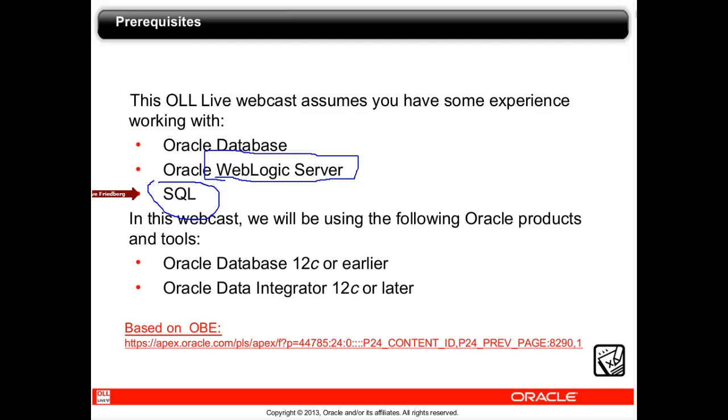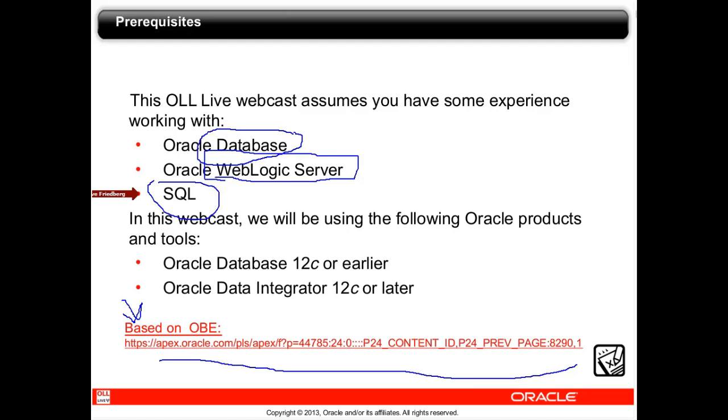All right, and then again, it assumes that we have some basic knowledge of the database. As I mentioned, this particular Oracle by example exists at this website, and if you don't want to type all that in, you could simply do a search for OLL, OBE, ODI 12C, and you'd find it as well.